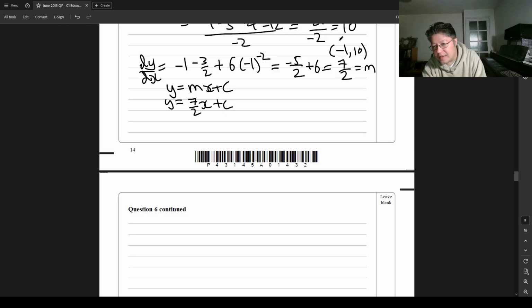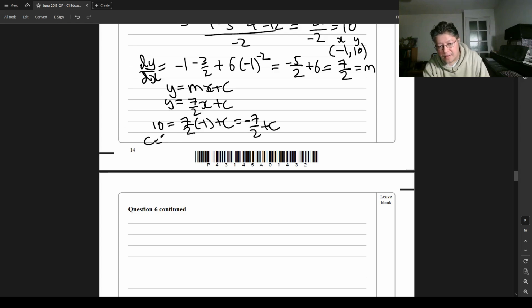We had better plug in x and y. So y is 10. So 10 is 7 over 2 times minus 1 plus c, which is equal to minus 7 over 2 plus c. So we get c equals 10 plus 7 over 2, which is equal to 27 over 2.